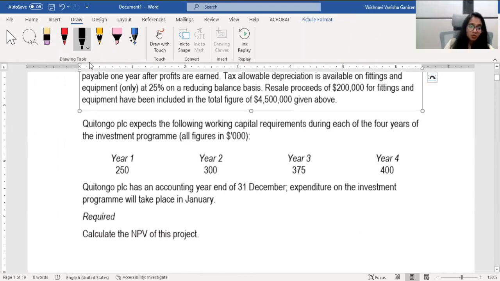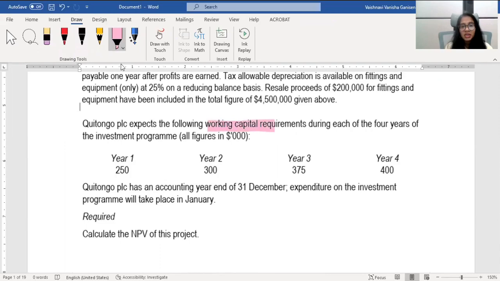Now, Kwitongo PLC expects the following working capital requirement during each of the 4 years of the investment program. So, in year 1, he wants an investment of 250. In year 2, he wants an investment of 300. Year 3, 375, and year 4, 400.